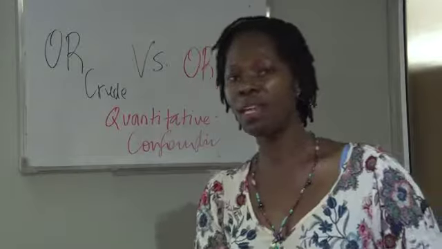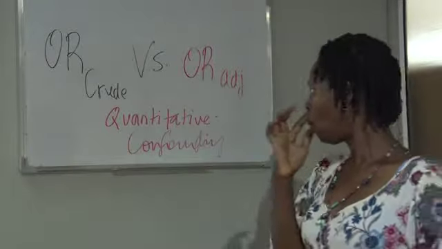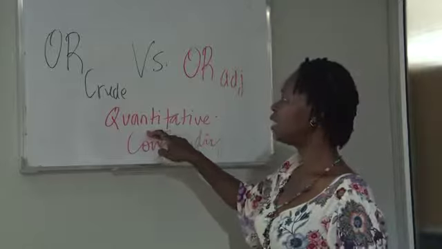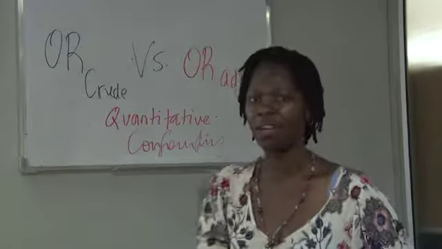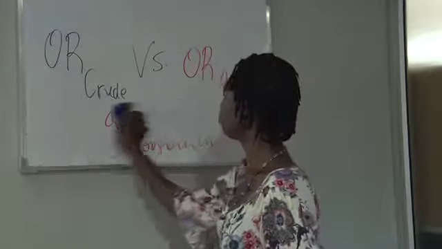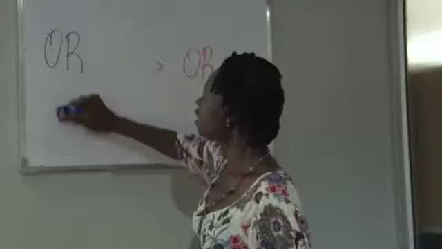But we can have a scenario. Why we call it quantitative is that there was no change in direction of effect. What changed was the magnitude or the size of effect.